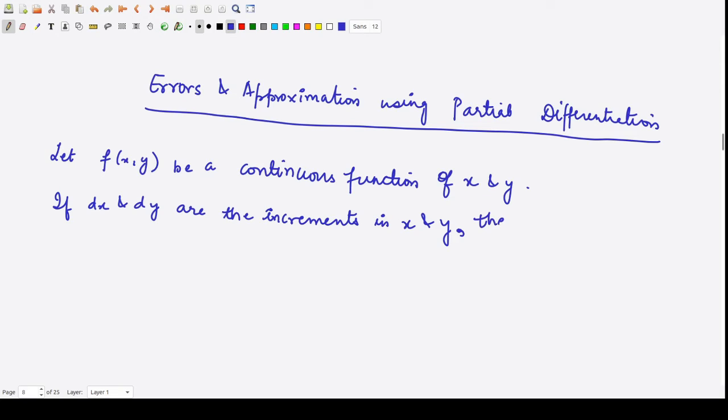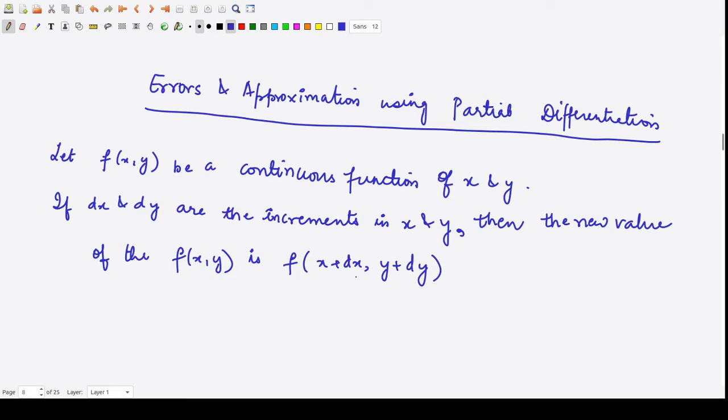Then the new value of the function f of x, y would be f of x plus dx and y plus dy. So whenever you change x with this small increment x plus dx and y with y plus dy, your function's value is going to change.